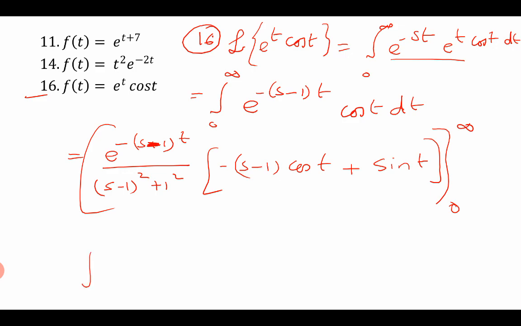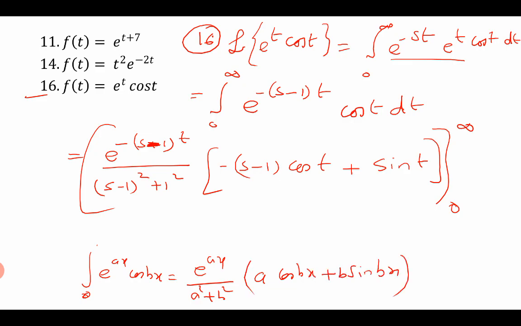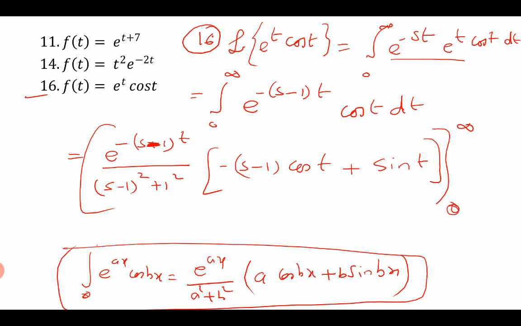So the formula is the integral 0 to infinity of e power ax cosine bx, which we have seen: e power ax over a square plus b square, times a cosine bx plus b sin bx.